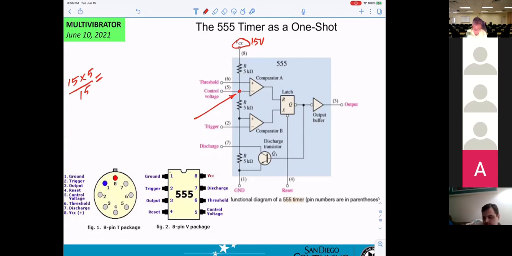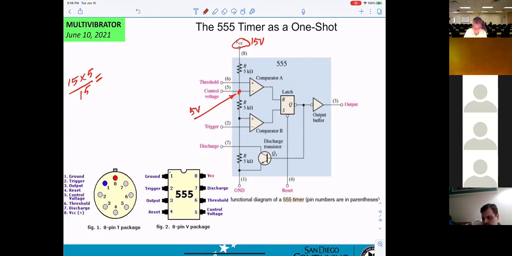You want the voltage at this point, so it will be 5 volts. Shouldn't it be 10? Shouldn't it be times 10 over 15? What is the voltage on this point? That should be 5. The previous one should be 10. So I agree with that one. The previous one should be 10, not 5, because that's supposed to be times 10, right?